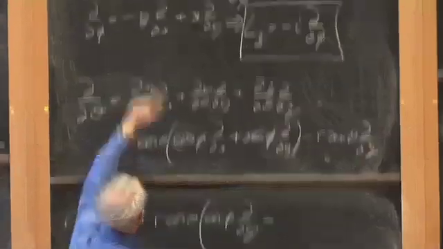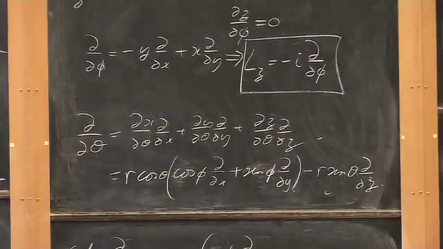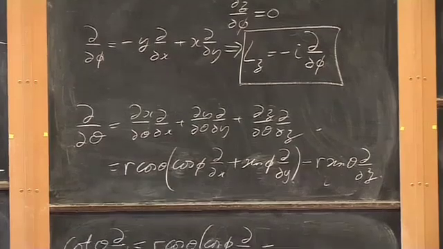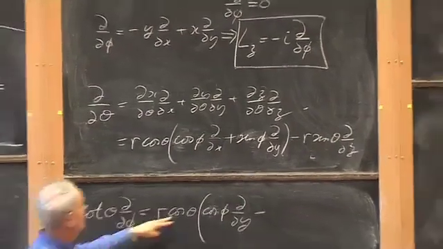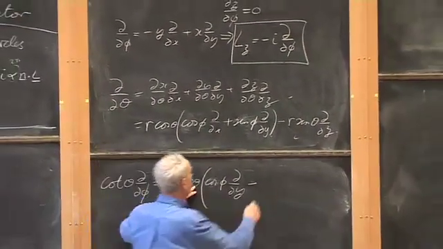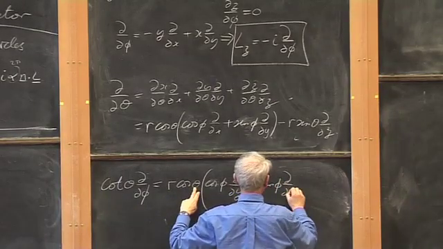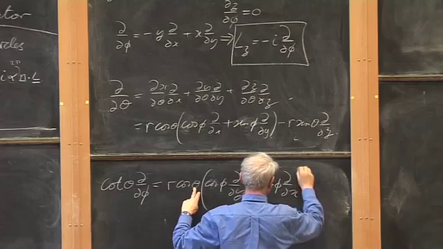And then that y is going to be r sin theta sin phi, and this cot multiplication will turn the sin theta into a cos theta I take out, and we will have a sin phi here, d by dx.